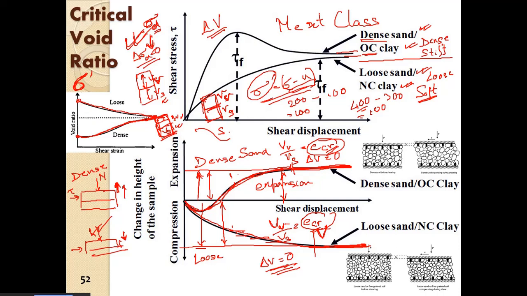Similarly, the loose sand will contract or compress, and tend to a constant void ratio. Ultimately both void ratios will be similar for a particular effective confinement. This void ratio is called the critical void ratio.